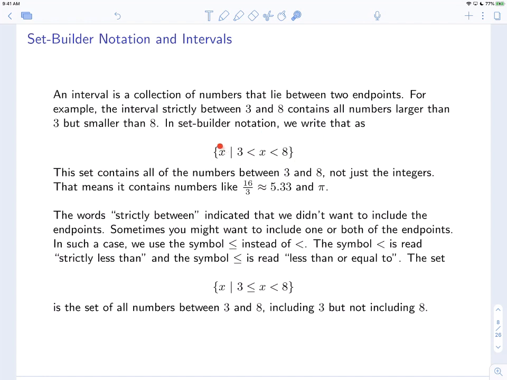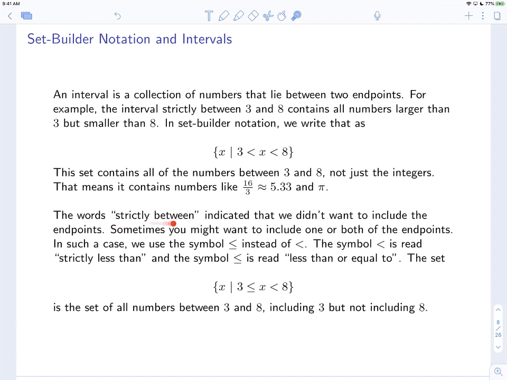It's the set of all x's such that 3 is strictly less than x, which is strictly less than 8. This contains all of the numbers strictly between 3 and 8. So it contains all numbers between 3 and 8, not just integers. It contains fractions, and it contains numbers like pi. Pi is approximately 3.14, so it's slightly bigger than 3. That means it's in this set.